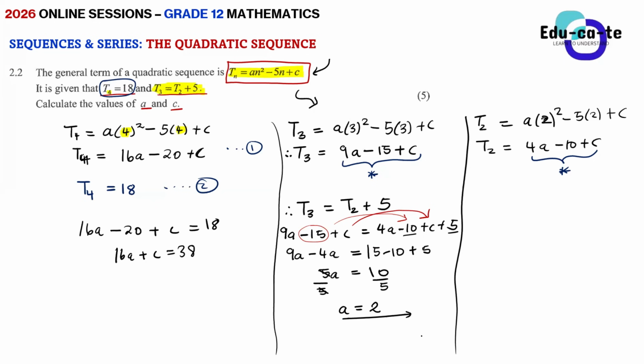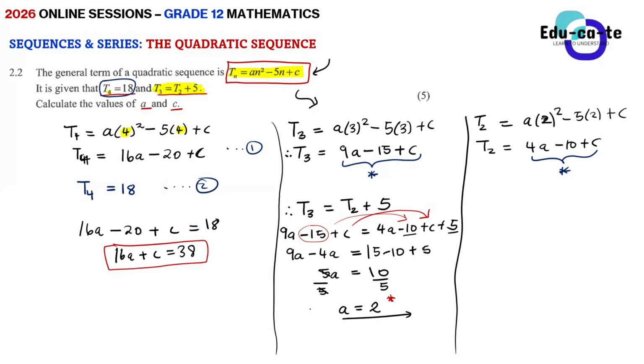Yes, sir. And then to find C, you can just use any one of these equations that you have. You can use this one that says 16a plus C is equal to 38. Okay, so it's all about playing with these expressions, guys. 16a plus C is equal to 38. And we found out that our A is equal to 2.